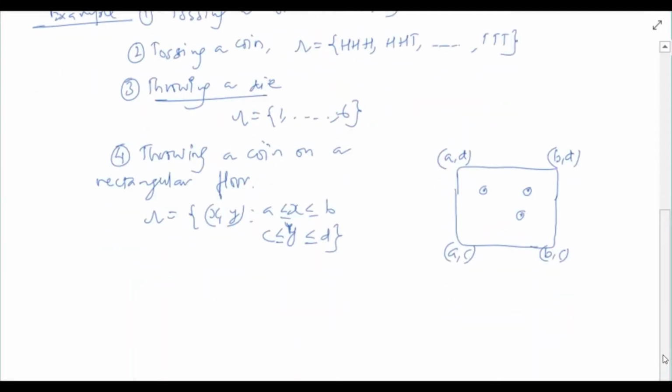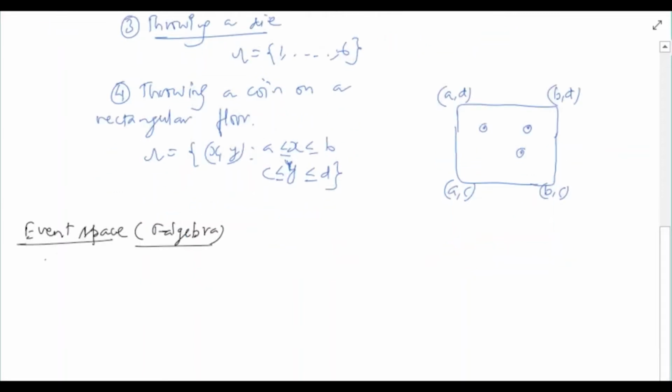Okay. The next notion is that of event space, often called sigma algebra. An event space or sigma algebra, usually denoted by the symbol script F, is a non-empty collection of subsets of omega with the following properties.